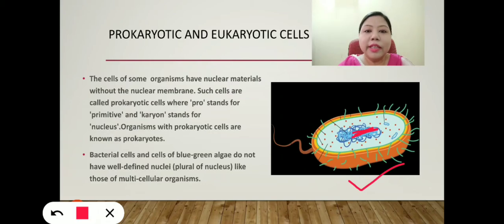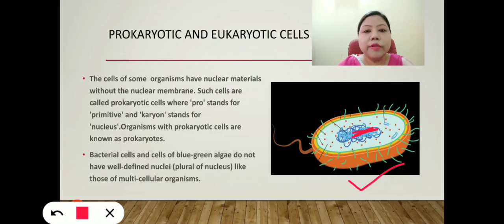We have learned that the chromosomes are present inside a nucleus surrounded by the nuclear membrane. But here the genetic material is not enclosed within any nuclear membrane. That means it does not possess any nuclear membrane.